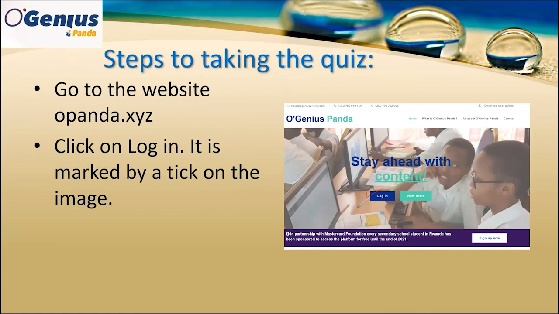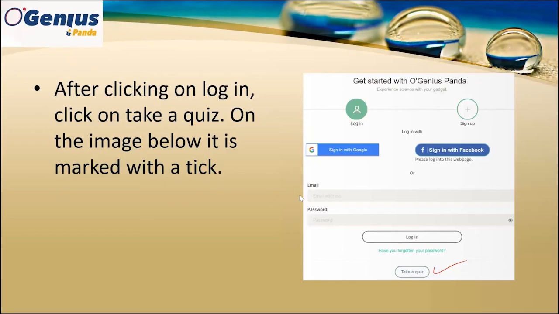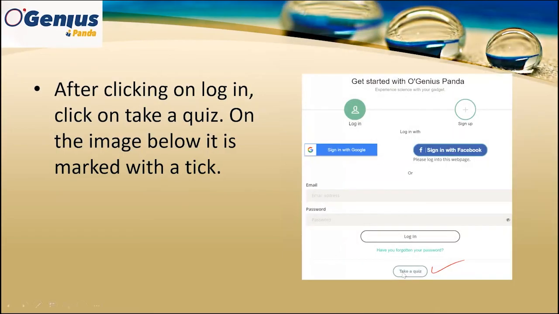You go to the website, you click on login, you can see the login button here in blue, and then you click on login. After clicking on login, you will click on take the quiz. Take the quiz is here marked with a red tick.